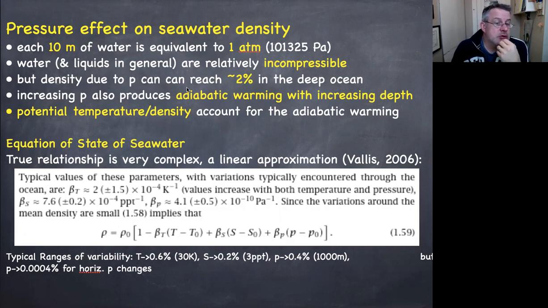Increasing pressure also produces warming. As you go down, you're compressing, and that compression actually does work, which means that you change the temperature. So there's this concept of potential temperature or potential density, which is a way to account for the adiabatic warming.